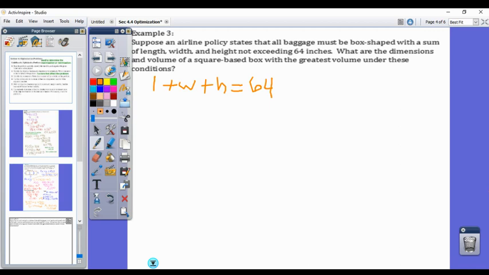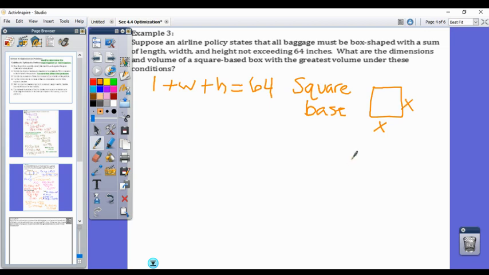Okay, so if we have a square base, we essentially know that my length and width are going to be the same thing. So in this case, I'm going to call them x.